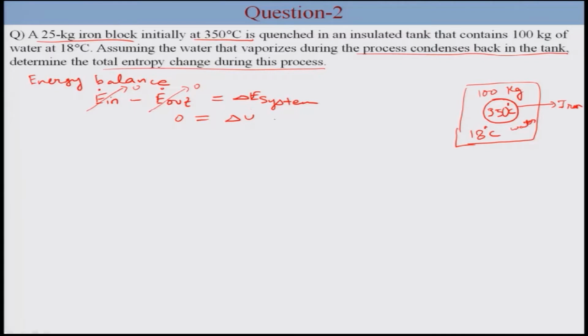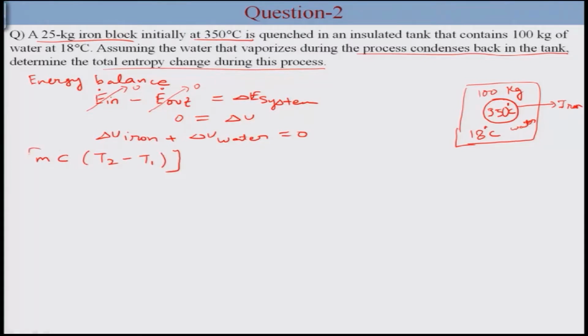So, that is delta U. So, this can be written as delta U is change in internal energy of the iron plus change in internal energy of the water, and this is equal to 0. So, the internal energy change for iron will be its mass multiplied by the specific heat and the change in temperature.